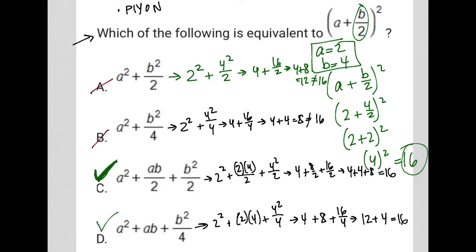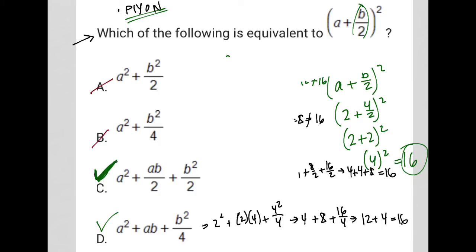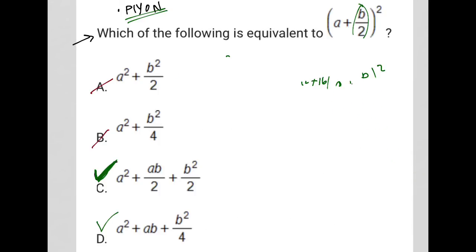So the question is, well, what do you do when multiple answers are correct when you use plug in your own number? First of all, anytime you're using plug in your own number, you do have to try every single answer choice. That's the first thing. The second thing, if you get multiple answers that do match the number that you had originally, you just have to choose another number.